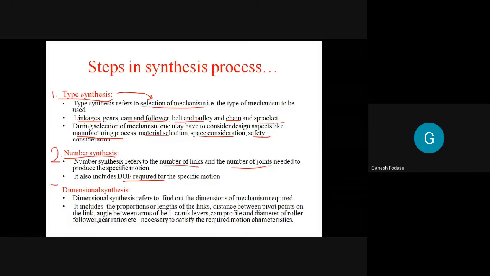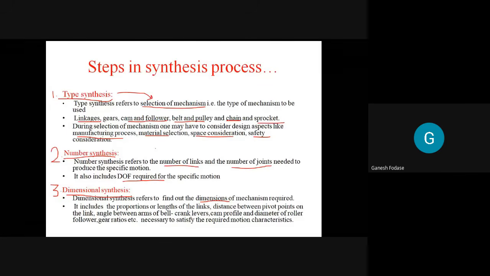And the last step, that is the third step, which is very important, is nothing but dimensional synthesis. Dimensional synthesis refers to finding out the dimensions of the mechanism. Means in the first step, we define which type of mechanism. In the second step, we define the number of links, number of pairs, number of joints, and its degree of freedom. And in the last step, that is in dimensional synthesis, we are going to select its dimensions.